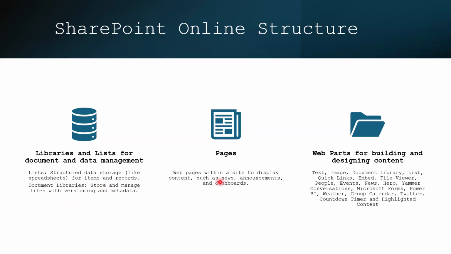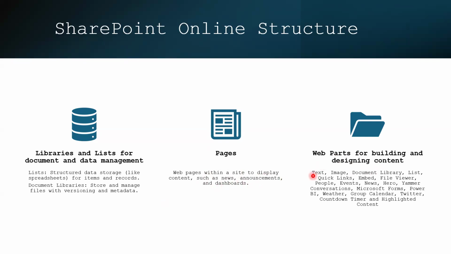And pages, in SharePoint, the web pages are important to display content from a file or any news. We use web pages. And coming to the web parts, they are for building and designing the content. Within the page, we cannot directly display any text, right.